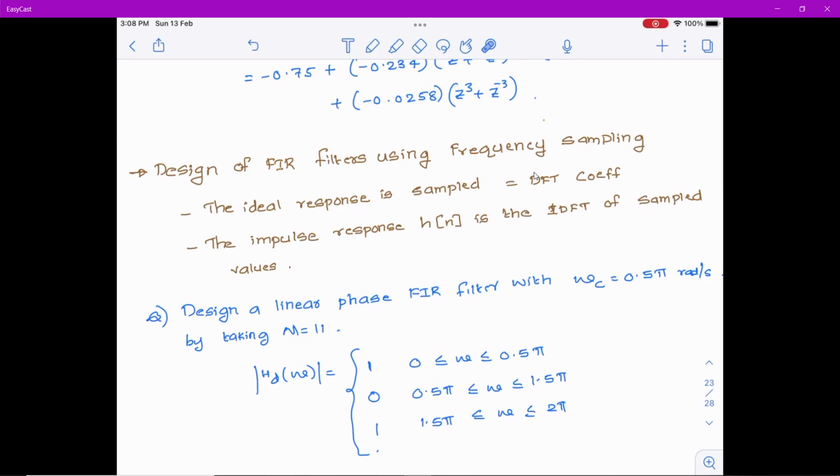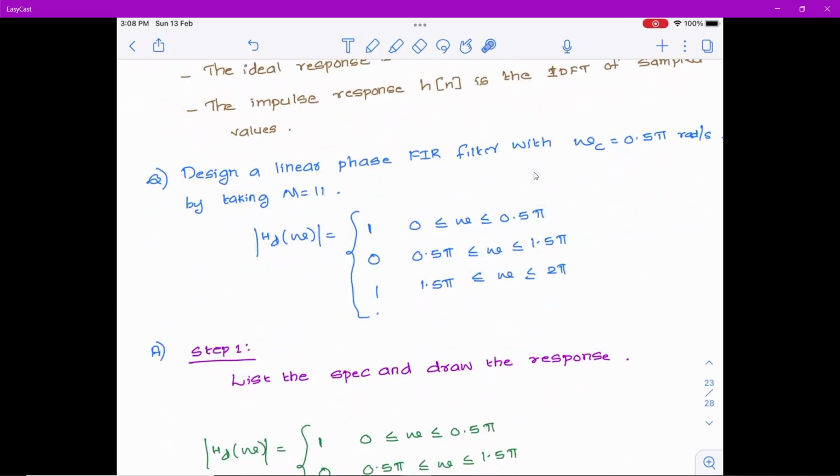Okay, so we'll see an example, and using this example we will also describe the steps in finding out the FIR filter using the frequency sampling method. Okay, so the question is like this: design a linear phase FIR filter with omega c equal to 0.5 pi radians per second by taking M equal to 11.